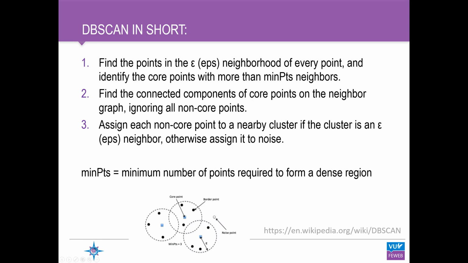Now, how does it work? It has two parameters: epsilon, which defines the neighborhood, and minPts, which defines how many points there are. Epsilon defines how wide these circles are, and minPts how many dots there are within the circle. These two parameters together define how many clusters you will find.